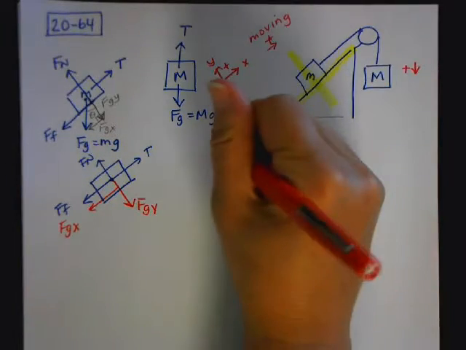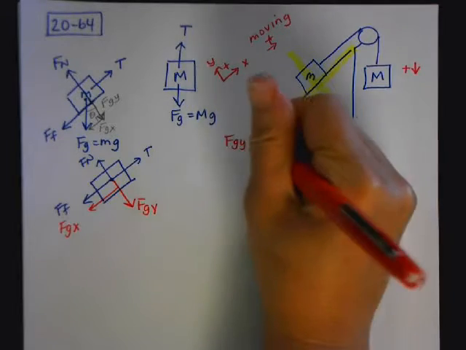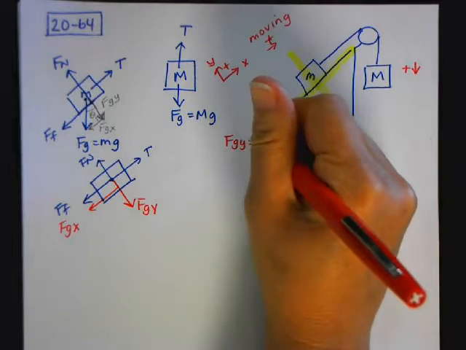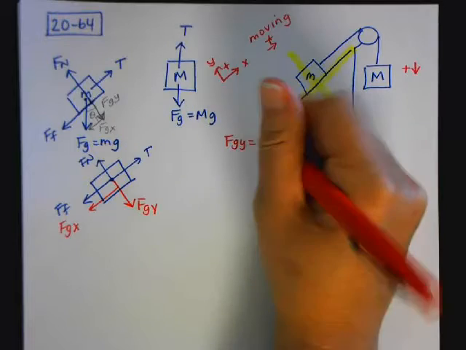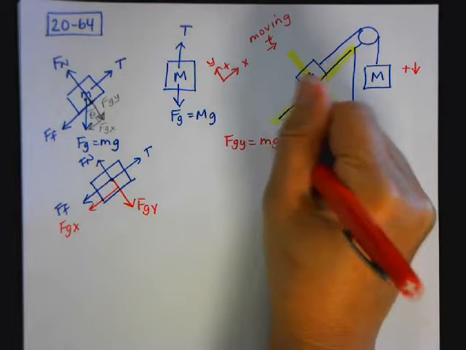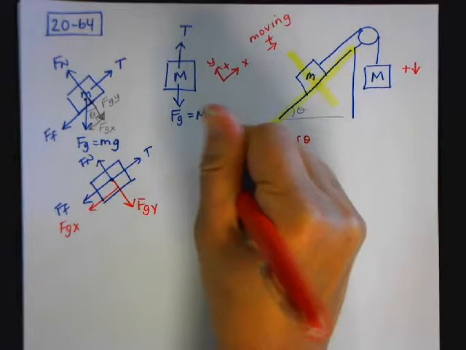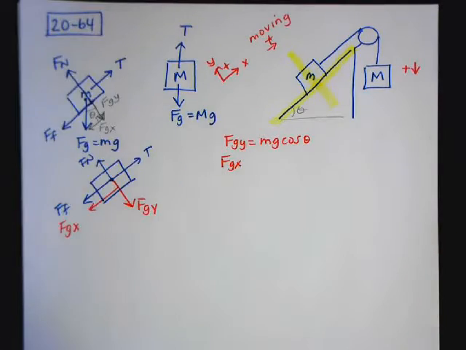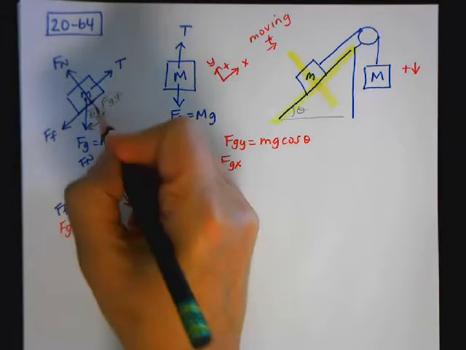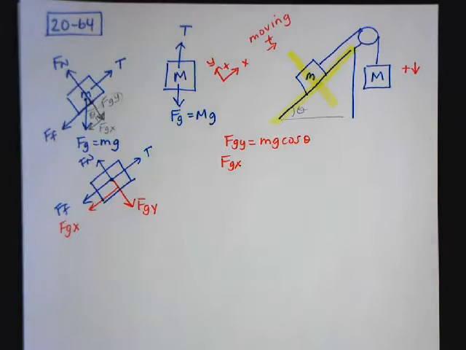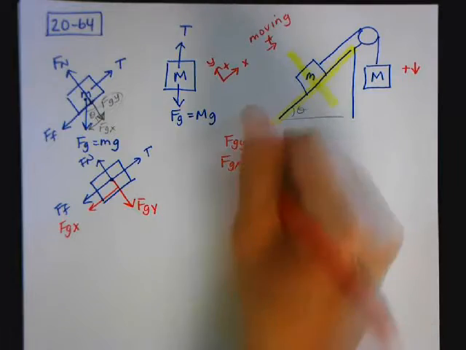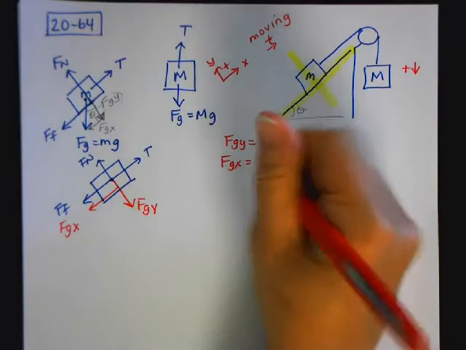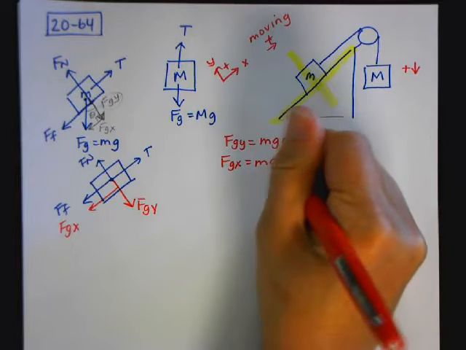So I know that FGY is equal to, it's little m, so it's going to be mg cosine theta, and FGX, and why is it cosine? Well, if I look at my triangle here, FGY is adjacent to this angle. So that's why we're using cosine. And then FGX is opposite the given angle, so it's mg sine of theta.